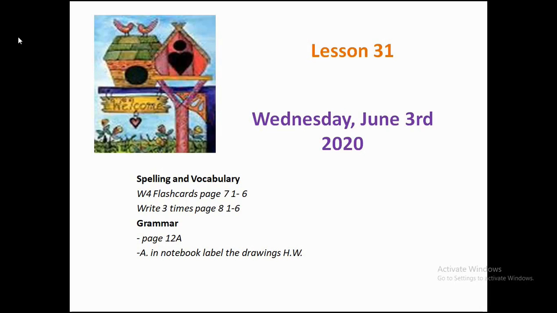I hope you're great. Today is Wednesday, June the 3rd, 2020, and the topics that we are going to see: first of all, we are going to study the flashcards in our spelling and vocabulary section. That is on page number 7. The words are from 1 to 6. And after that, we'll have to write them down 3 times each one.